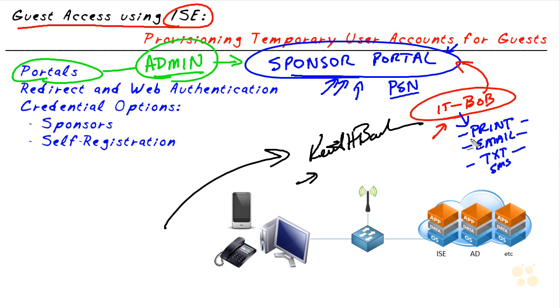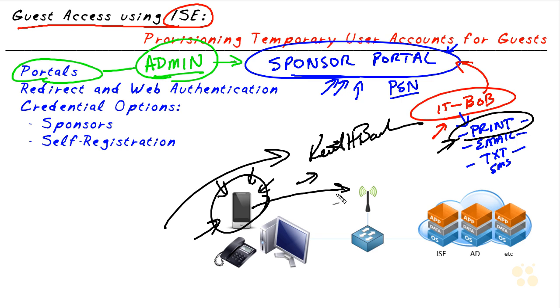So in our case, let's say that IT Bob printed my temporary credentials. Let's say that this is my phone right here that I want to use to gain access to the network. So I would associate with the SSID. That information would very likely be on that printed report as well. The access point is being managed by a wireless LAN controller.